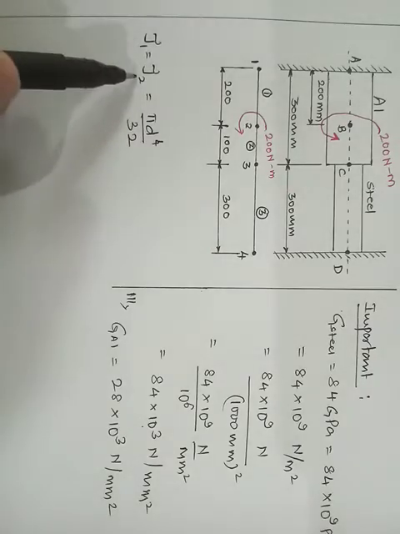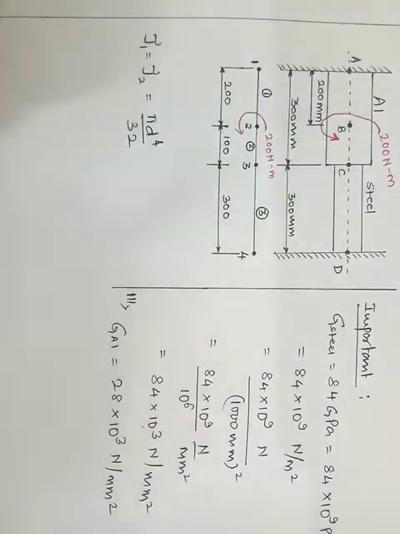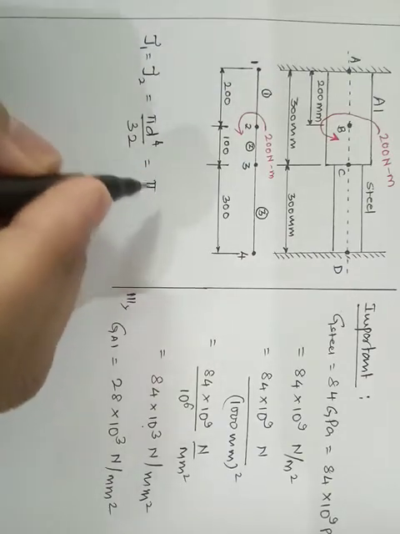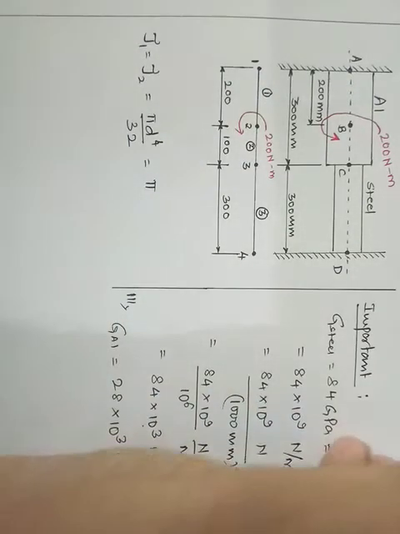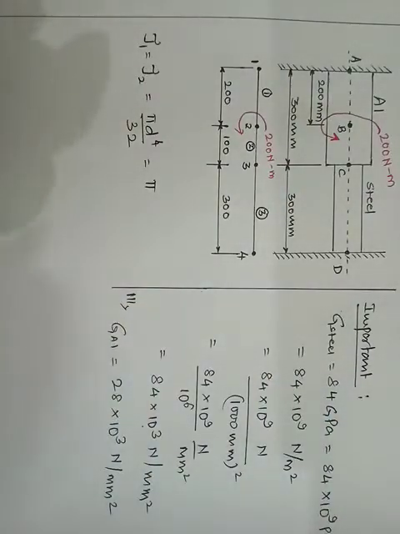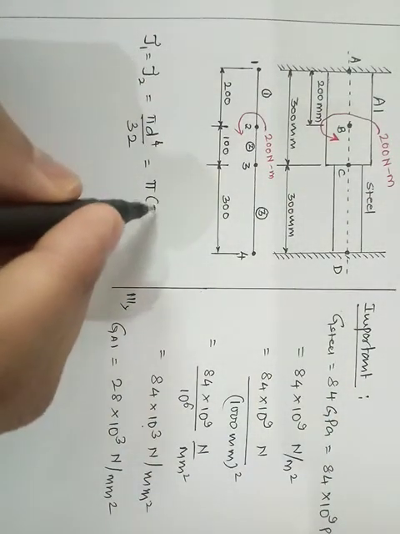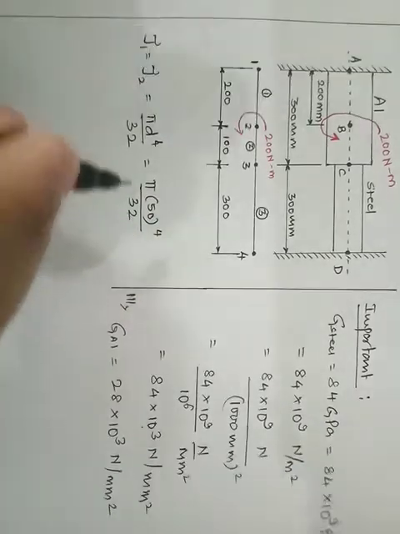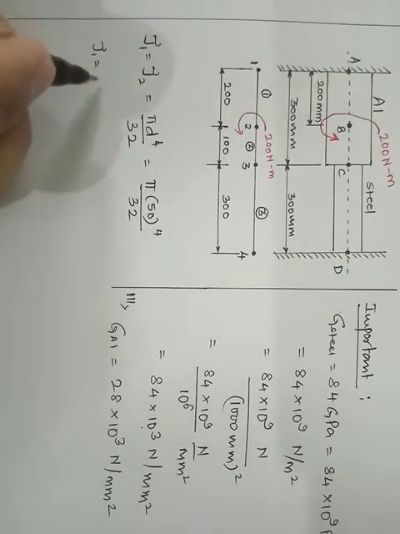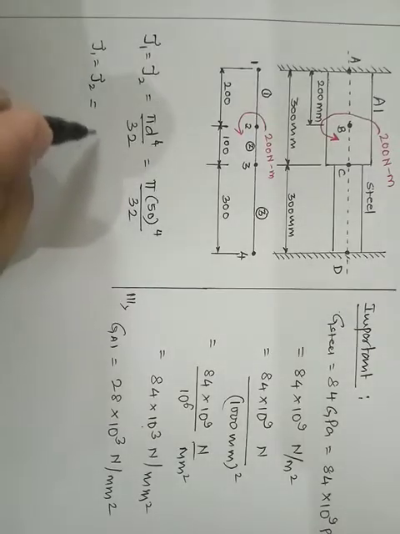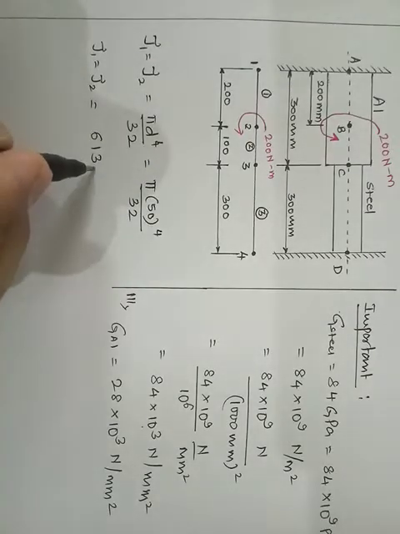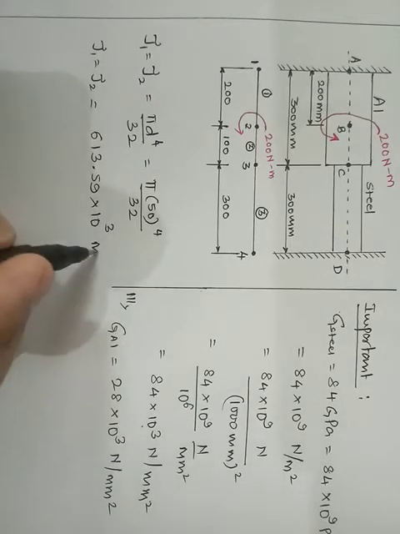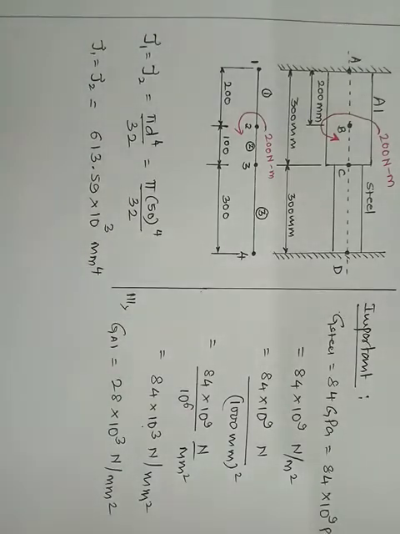So for element number 1 and 2, which is made up of same material, that is aluminium, let me check out what it comes out to be. Pi, and the diameter of aluminium section as given in the problem is 50 mm, right? So it is 50 raised to 4 divided by 32. So J1 is equal to J2 is equal to, it comes out to be 613.59 into 10 raised to 3, unit will be mm raised to 4.